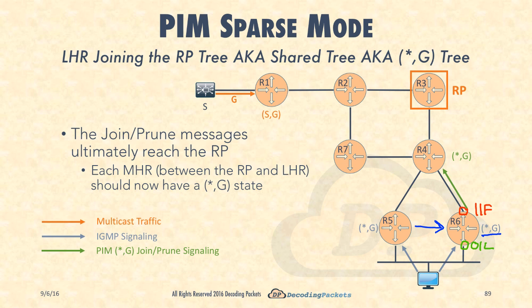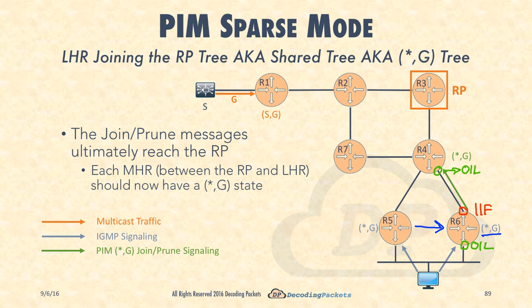Because it is processing and it has an idea of who the RP is, and it knows that it is a multicast router running a multicast routing protocol, it creates that star comma G state. But in addition to that, the interface where it received the join is now added to the OIL.